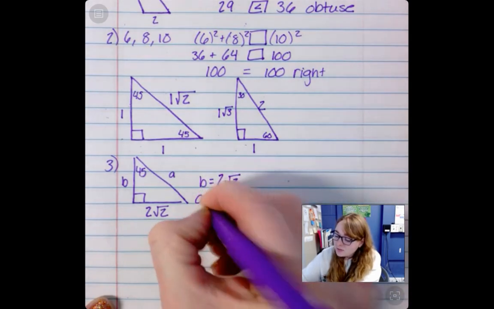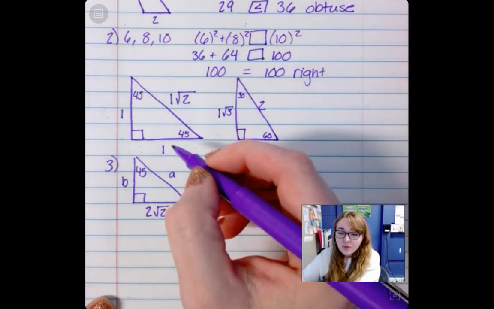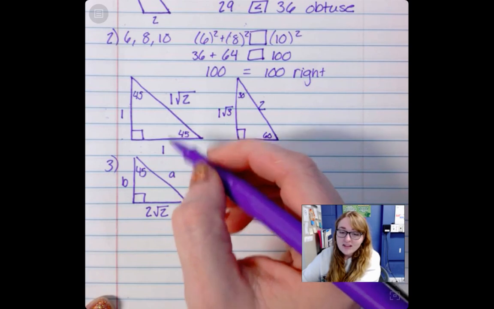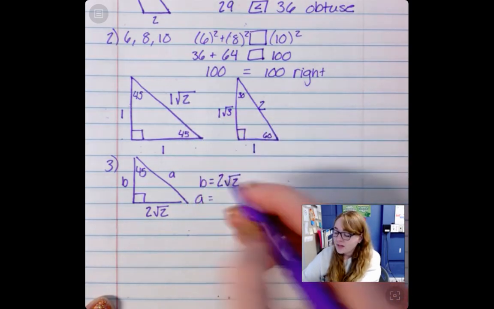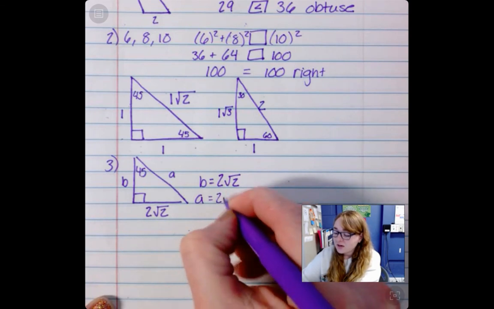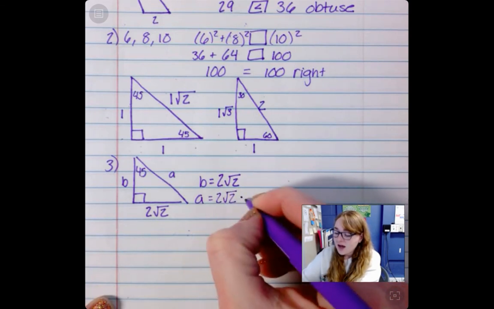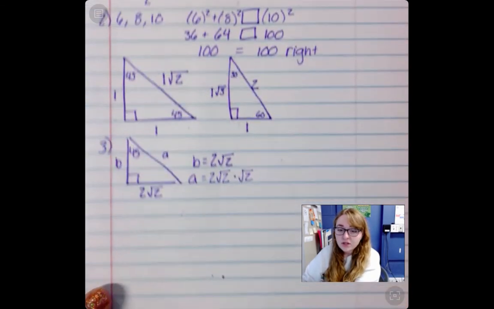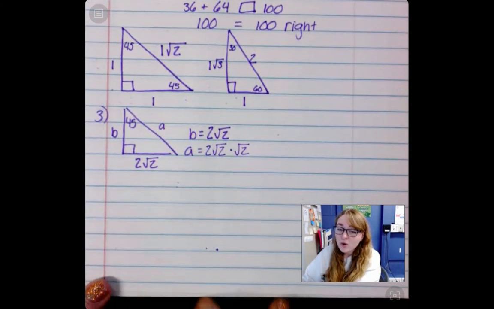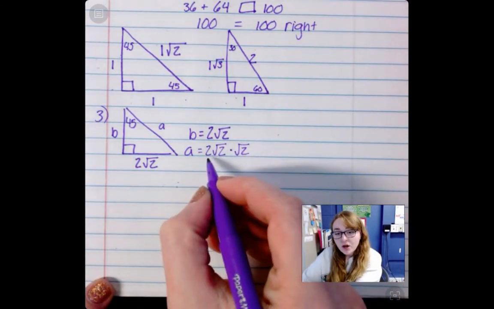Now our A is a little bit more complicated. If we look back up at our reference picture, to get from our legs to our hypotenuse, we take our leg length and we multiply by root 2. So we're going to do that here as well. Take our leg length of 2 root 2 times root 2. The first thing we're going to do, just like we did in 9.1a, we're going to multiply our coefficients.